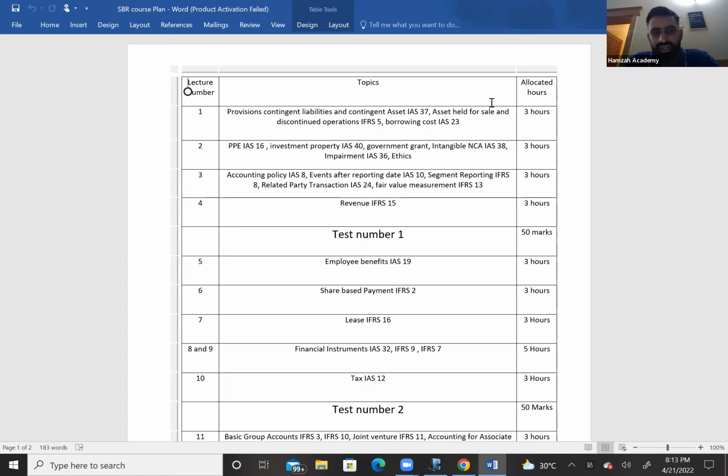Then the second lecture will be on IAS 16, property, plant and equipment, investment property, government grant, intangible assets, impairments, and ethics. The ethical implication or ethical framework for an accountant. Mainly in these topics we are covering the topics of F7 or FR paper.